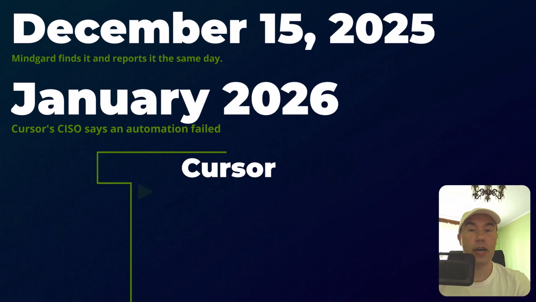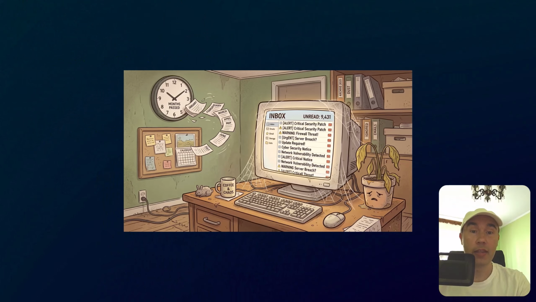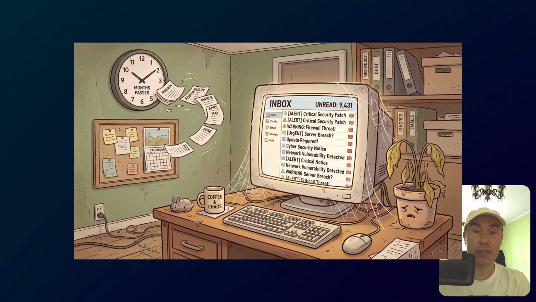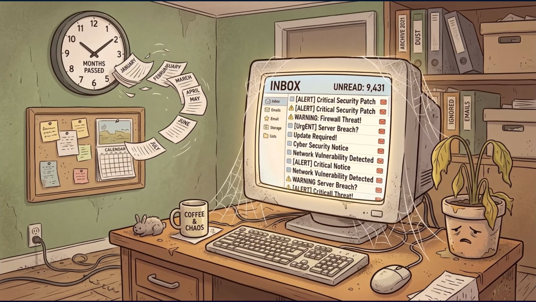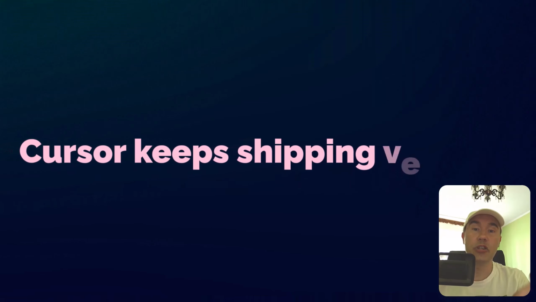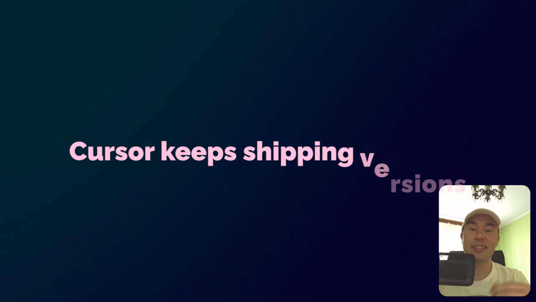They get into HackerOne. Report gets closed as out of scope, then reopened after they push back. Then months of silence, follow-ups, escalations, nothing meaningful. Cursor keeps shipping versions, features, marketing. Meanwhile, this simple issue is still there.